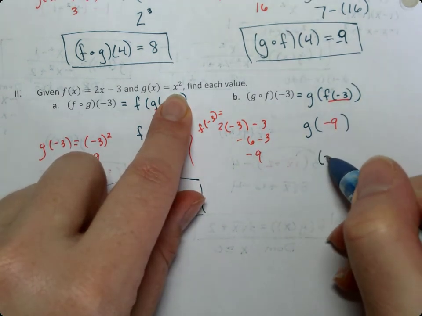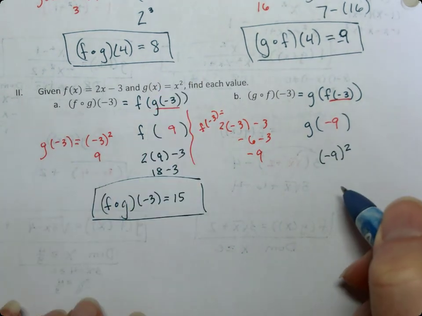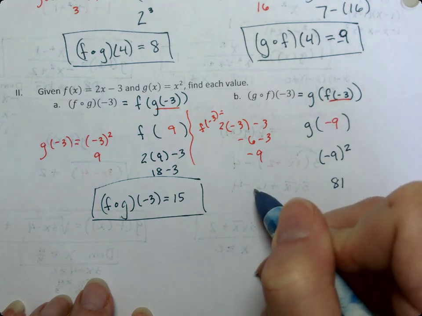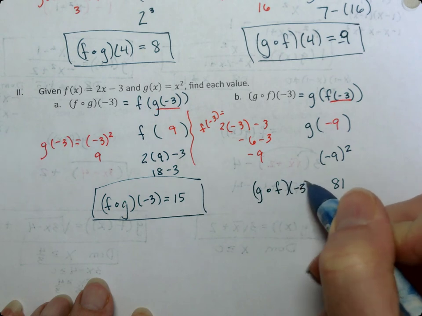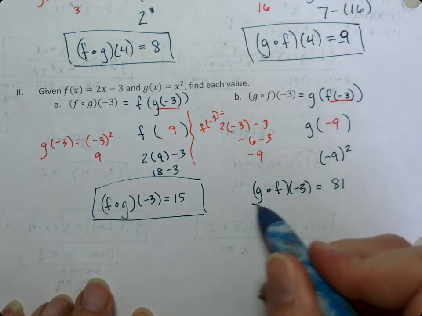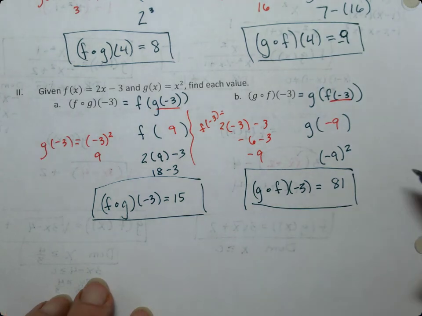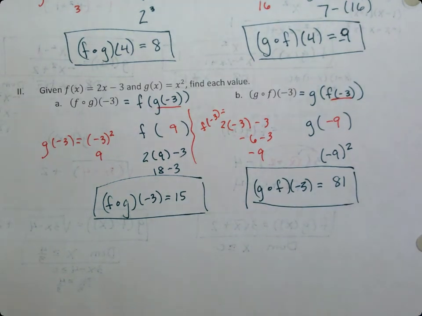So negative 9 squared, and I end up with 81. So I'm going to rewrite that as g of f of negative 3 equals 81. So very important that you pay attention to the order that you're putting it in, your order of operations, and using parentheses.